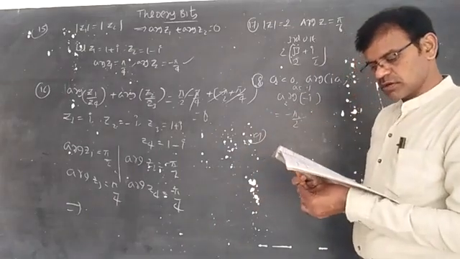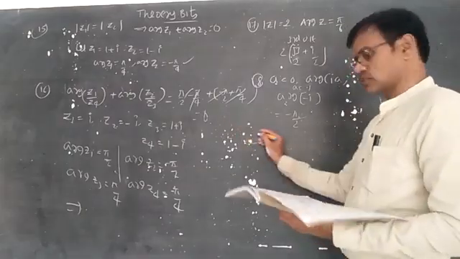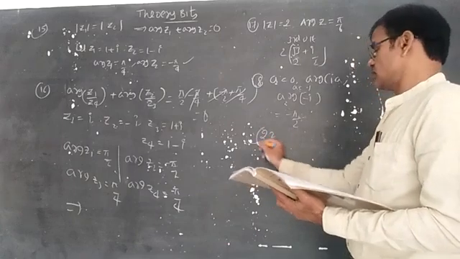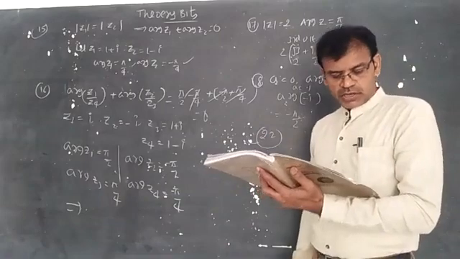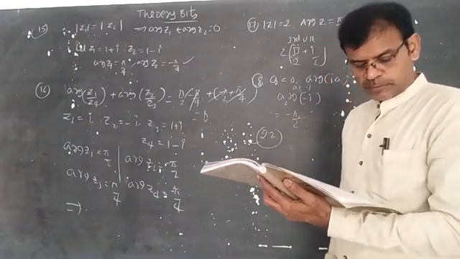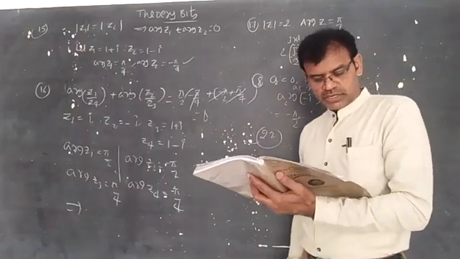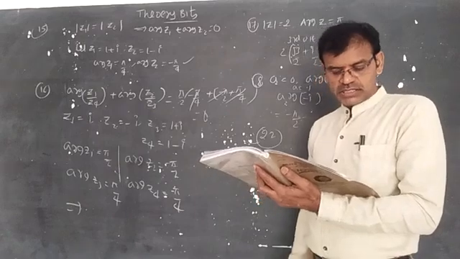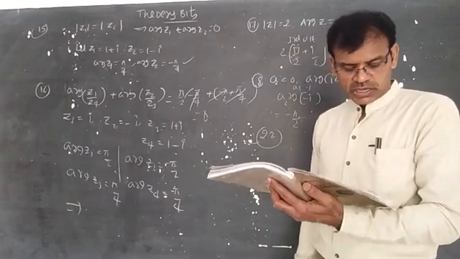19, 20, 21 are completed, now I am discussing the 22nd. If a, b, c are real numbers, a plus b plus c is equal to 0, and a Z1 plus b Z2 plus c Z3 is equal to 0. I think we have already completed this sum in the IPE, in the concept of p Z1 plus q Z2 plus r Z3 where p plus q plus r is equal to 0.